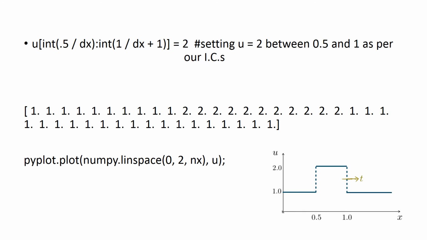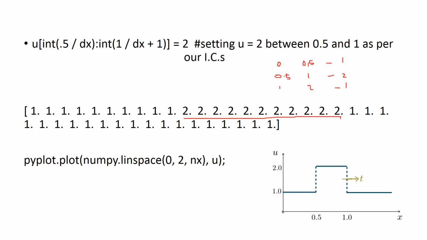Now I want to change the value, that is, if the domain is 0 to 0.5, I want the value to be 1, from 0.5 to 1 I want the value as 2, and again from 1 to 2 I want the value as 1. So you can code this way: u[int(0.5/dx):int(1/dx+1)] = 2, and if you print u, now you can see the value is changed to 2.